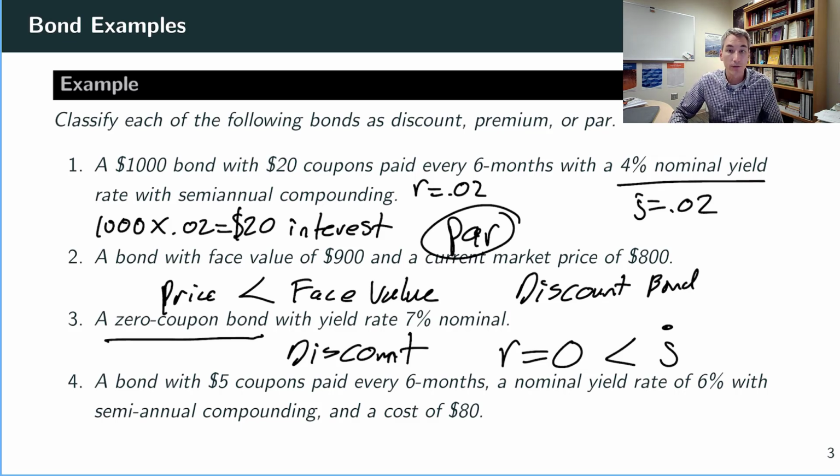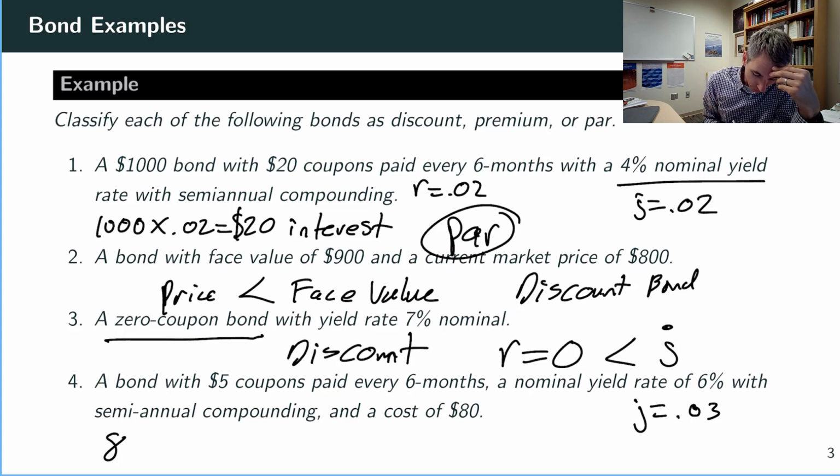And then the last one, a bond with $5 coupons paid every 6 months, a nominal yield rate of 6% with semi-annual compounding and a cost of $80. So we've got $5 coupons paid every 6 months, 3% on the half year. So our J here is 0.03. The cost is $80. We may have to do some math on this one. So if the cost is $80, that should equal... what's the face value here?